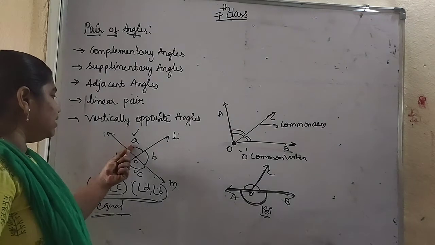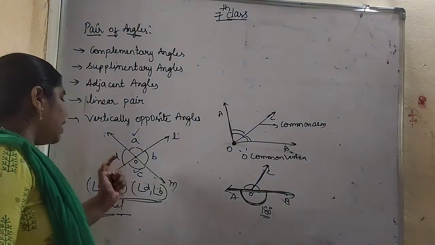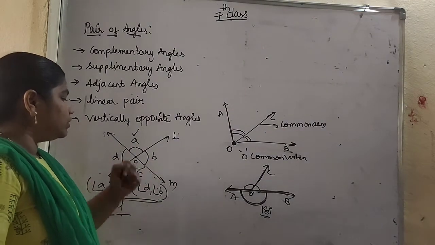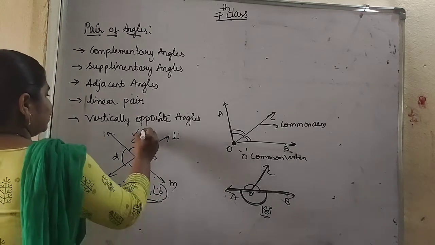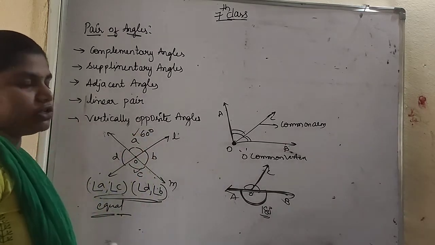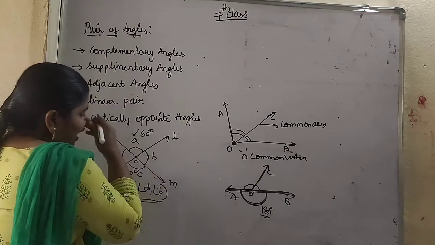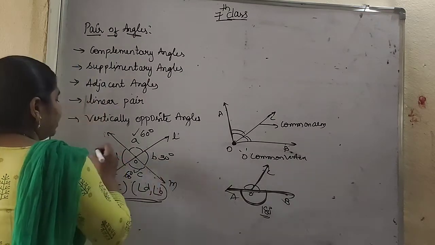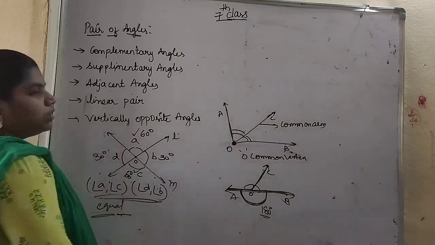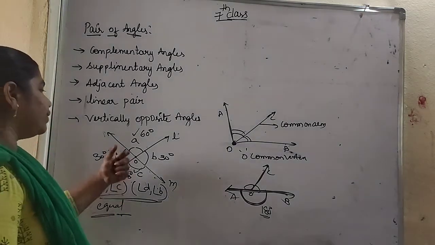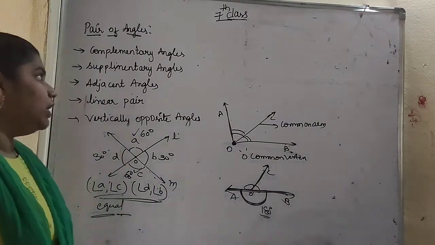So that is angle A will be equals to angle C and angle D value will be equals to angle B. So if A value you got as 60, the C value will also be equals to 60. If B value is 30, then D value will also be equals to 30. Okay, so always the vertically opposite angles will be equal.